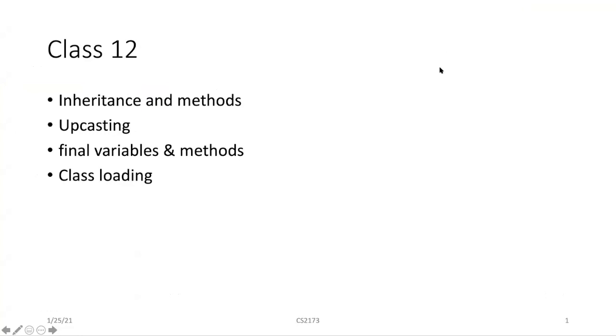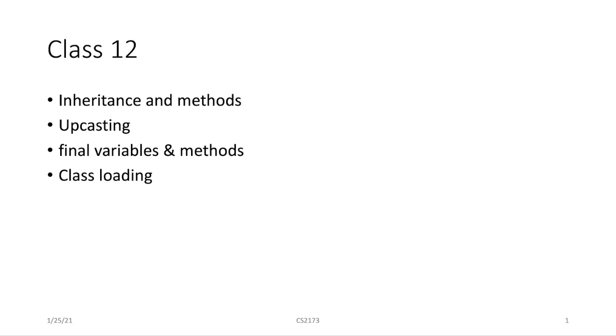Today, we're going to keep talking about inheritance and methods. In particular, there's an important thing to understand, which is how the Java virtual machine locates and executes a given method.